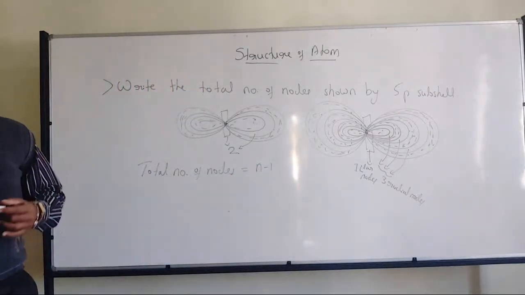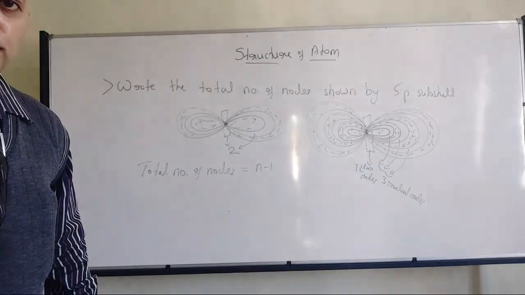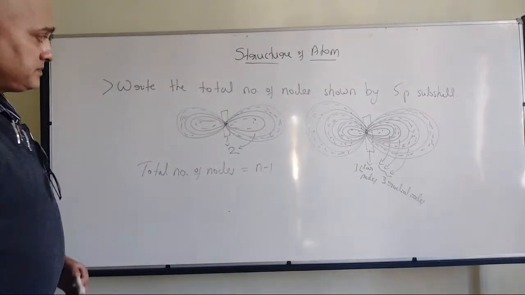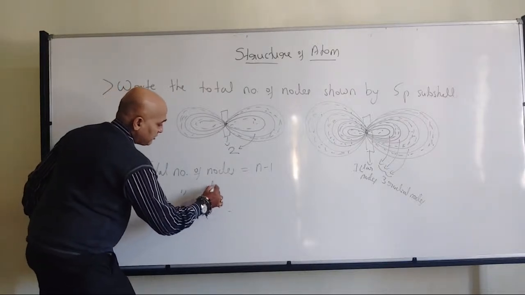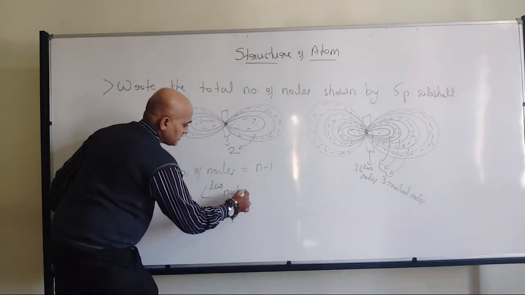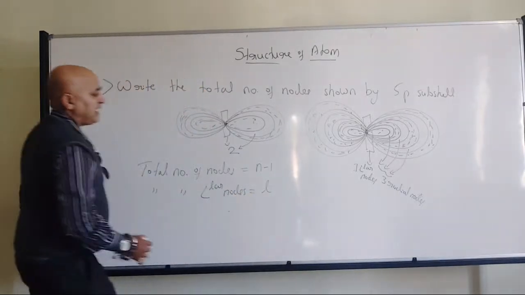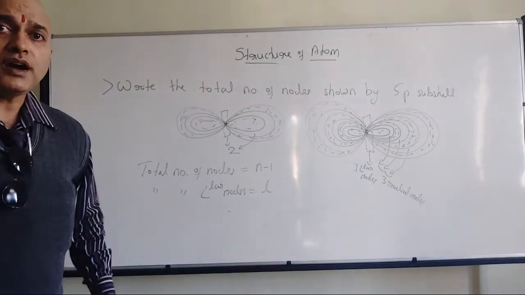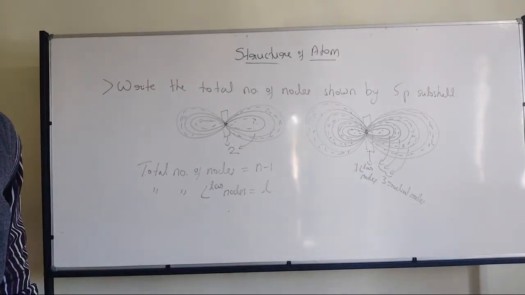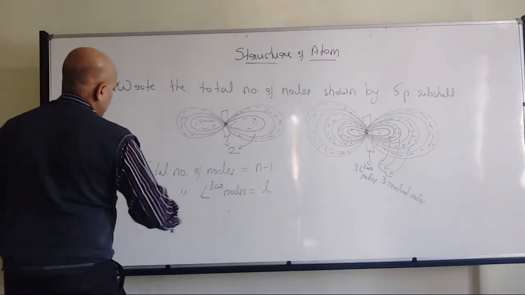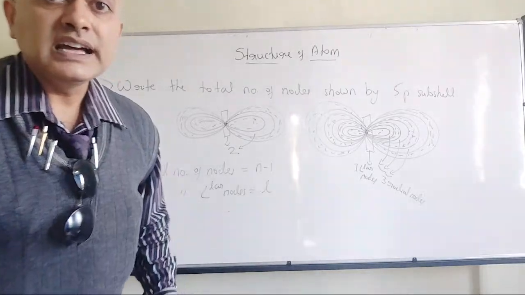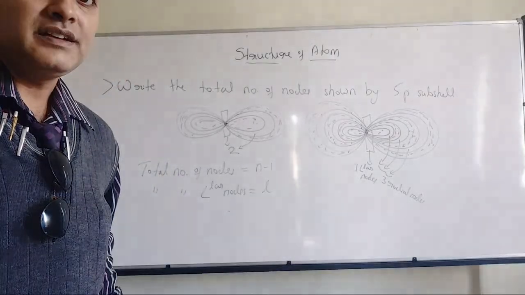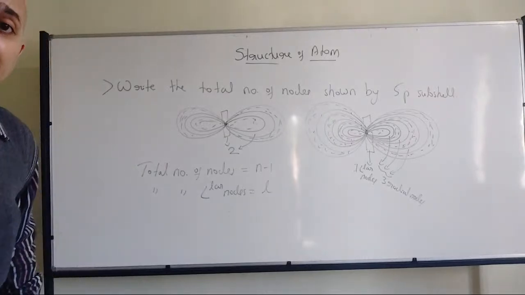Total number of angular nodes will be equal to l value, that is azimuthal quantum number, l value. Now can you tell me what will be the total number of radial nodes?